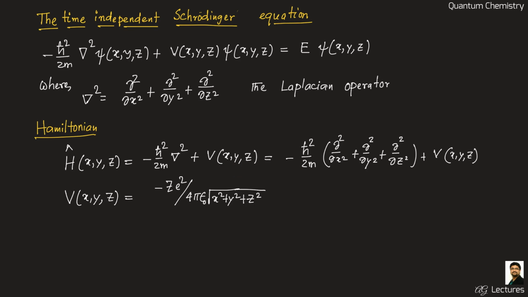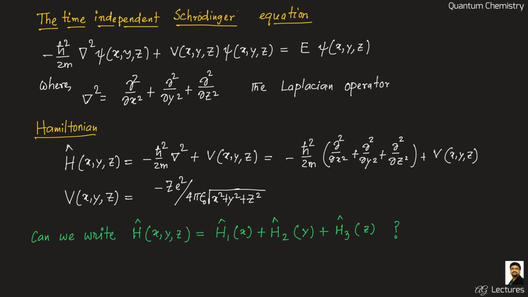Now, we know that the potential is given by this Coulombic term, having this x squared plus y squared plus z squared over here. Now the question is, can this Hamiltonian, which is a function of x, y, and z, be split into three Hamiltonians, each one of them a function of only one variable?